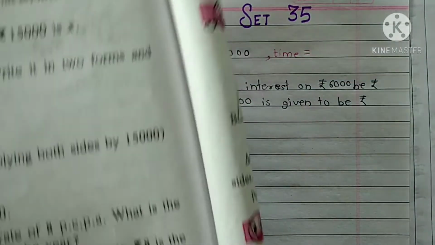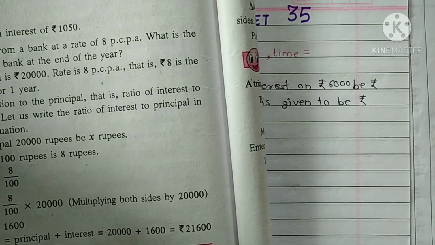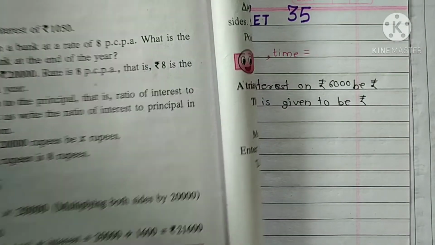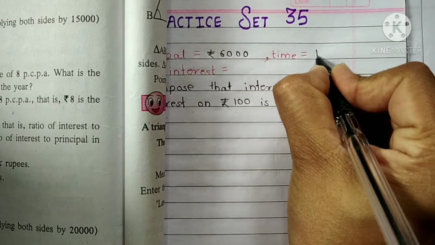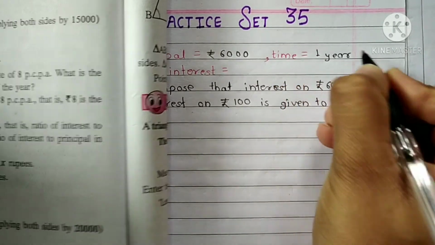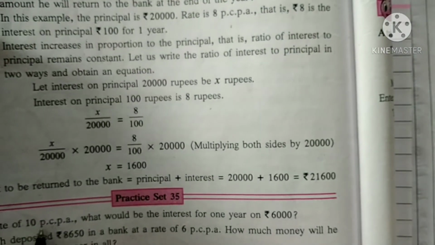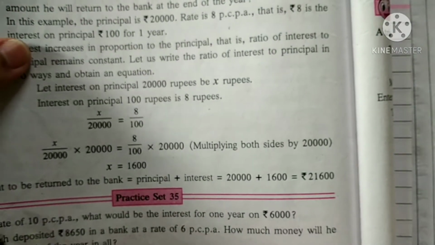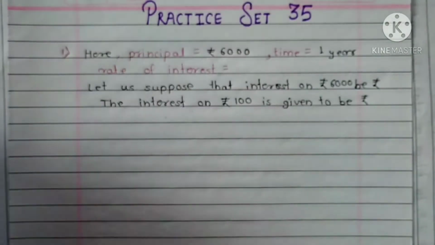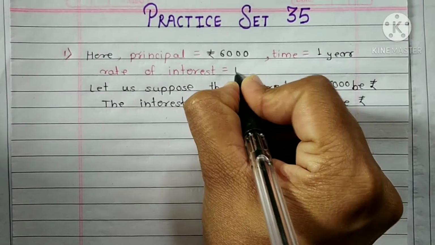Then interest is calculated for 1 year, so time is 1 year, and a rate of 10 PCPA means the rate of interest is 10% per annum.